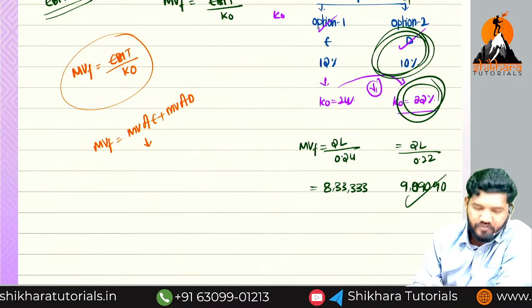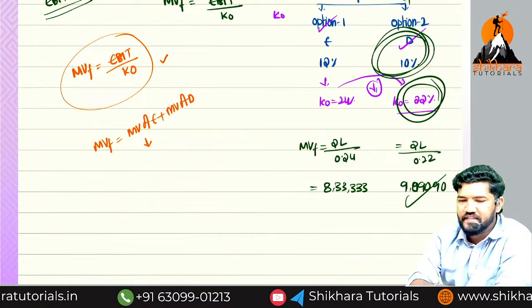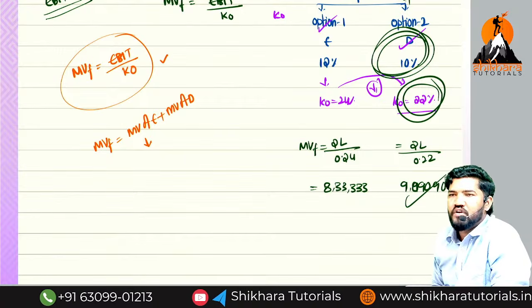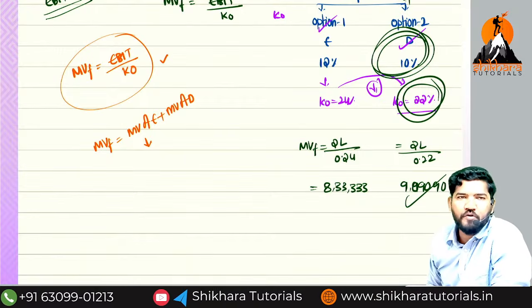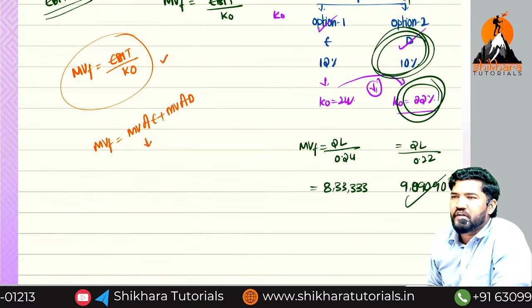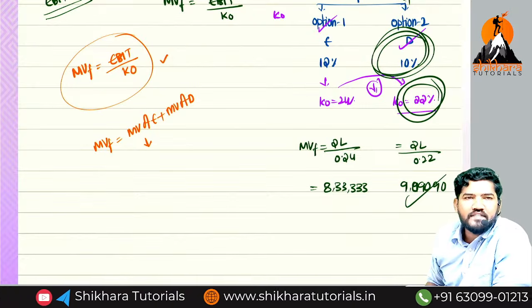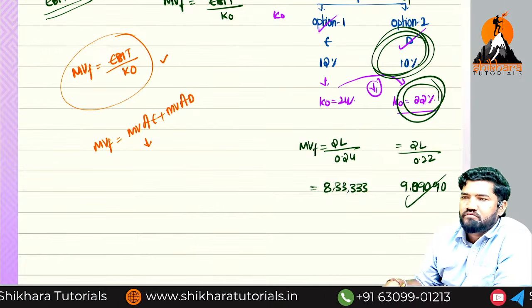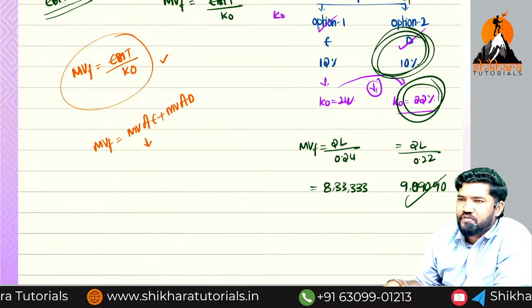Every profit has alternative names. Contribution is also known as variable profit. EBIT is also known as operating profit or business profit.